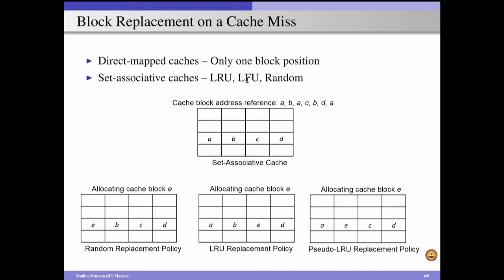Once all the blocks in a set have their flag bits set, we reset all the bits. And whenever we want to select a victim, we either scan from left to right or right to left and select the first block whose flag bit is reset. So this incurs only 1 bit of overhead per block, compared to log n bits of overhead for an n-way set associative cache if you are using an LRU policy.